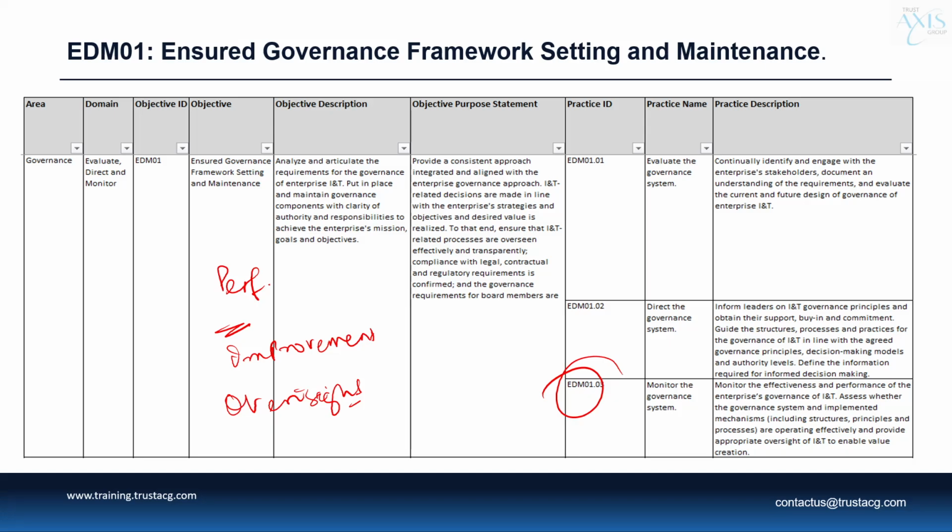Okay. Some of the metrics that can be used is what is the actual time taken versus the target cycle time for making key decisions concerning IT, right? Like, say your target is that when a proposal is sent to the IT governance board, it must be reviewed within a week.